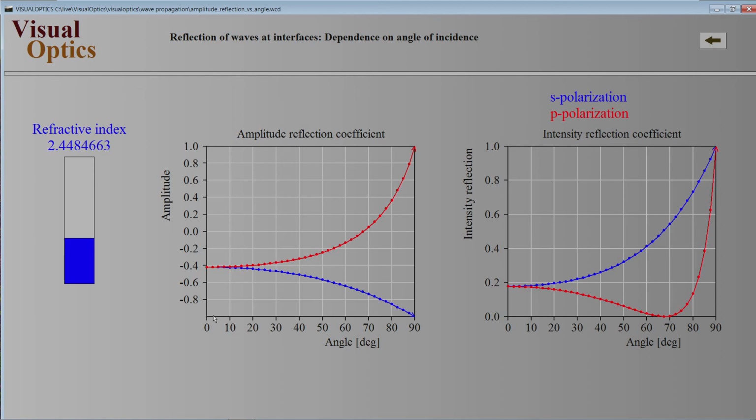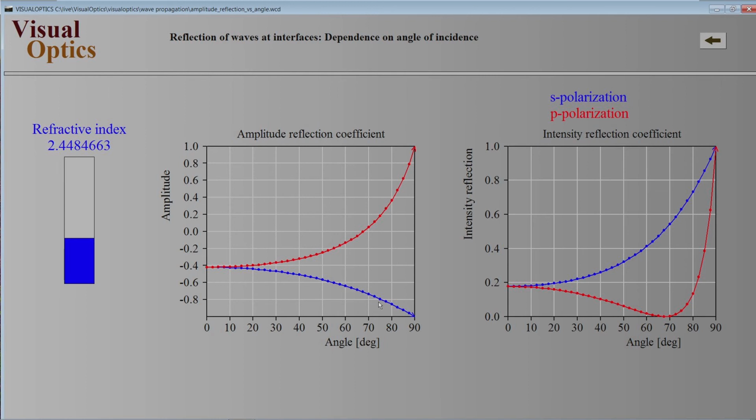If you go from 0 to 90 degrees, very oblique incidence of light, what I show you here are two curves, the amplitude reflection coefficient, that means the amplitude of the reflected wave as a ratio to the incoming amplitude.